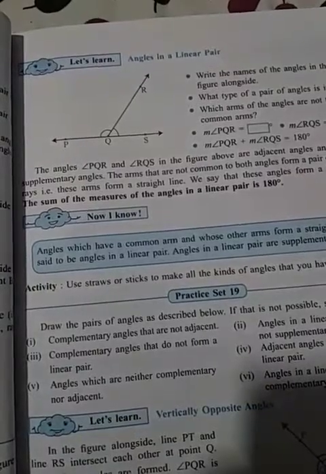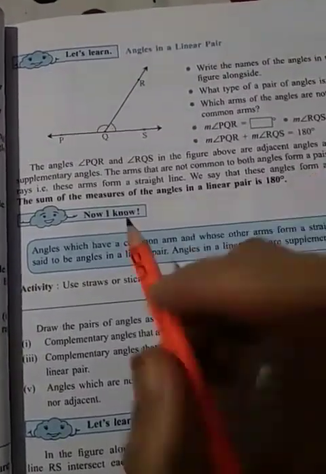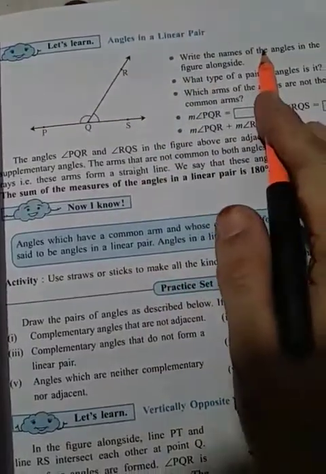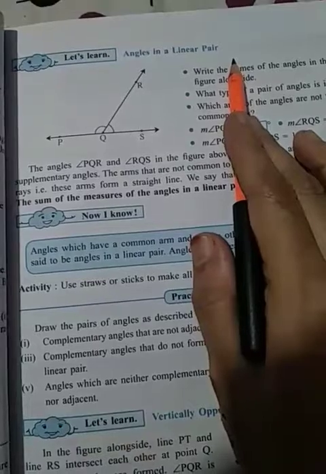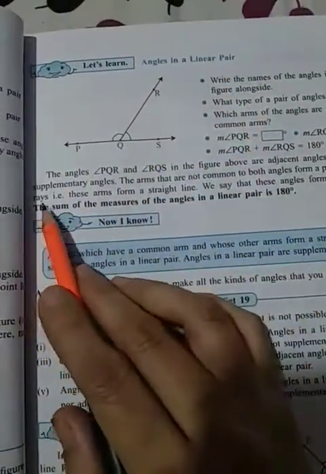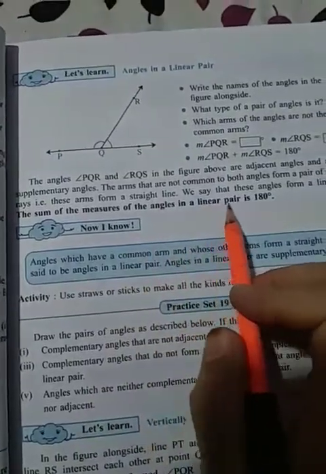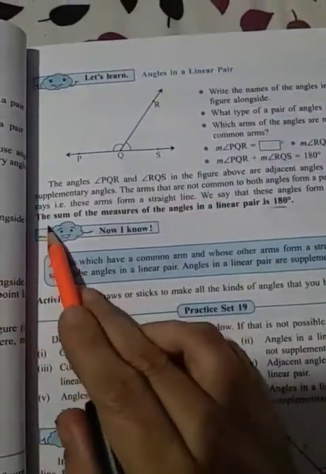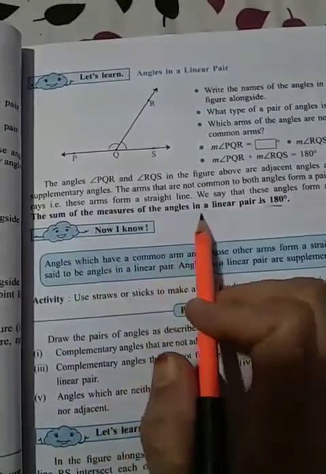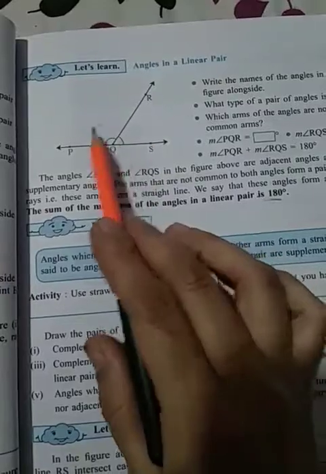For practice set 19, before we start, we will learn about the linear pair. What are angles in a linear pair? Students, note down this point. The sum of the measures of the angles in a linear pair is 180 degrees.